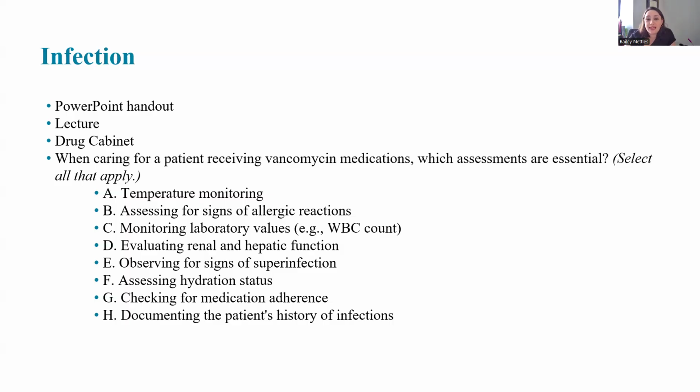So that statement is only half correct. We don't monitor liver function with vancomycin. So that is incorrect. Observe signs for superinfection. Yeah, definitely want to do that. Superinfections or opportunistic infections, we definitely want to monitor for that. Assessing hydration status.